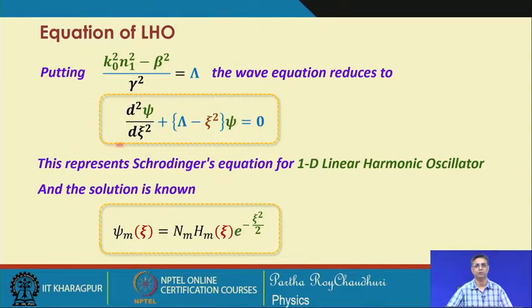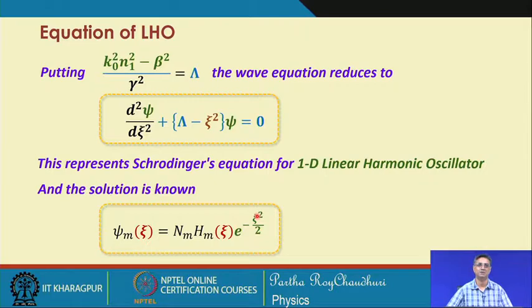We have solved this problem for the one dimensional linear harmonic oscillator. So, we do not need to solve it further using the various techniques. The solutions of this equation, that is the one dimensional linear harmonic oscillator problem in quantum mechanics, are known: psi_m of xi is N_m H_m(xi) e to the power of minus xi squared by 2.